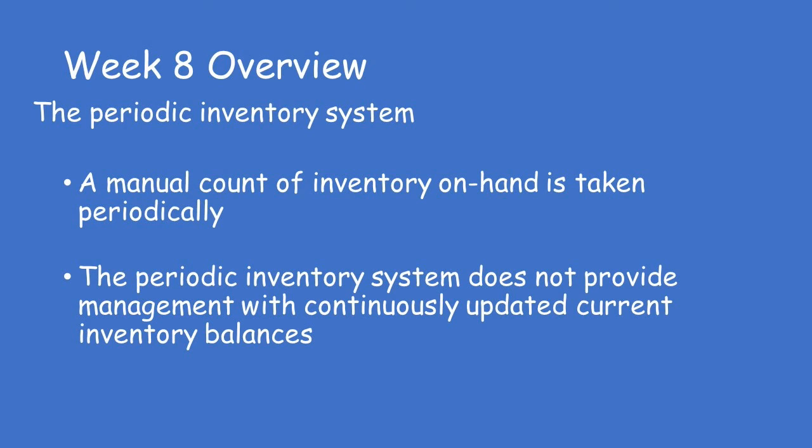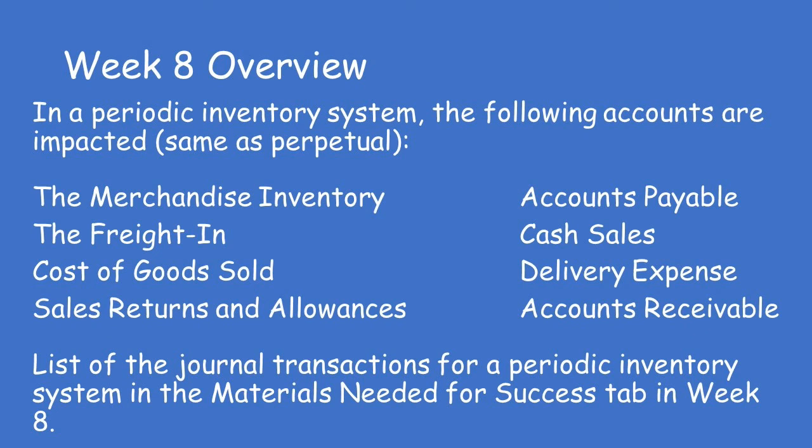Now, the periodic inventory system, or that manual count system, though simpler and there are no detailed records that are kept, does not provide management with continuously updated current inventory balances. We learned that last week. Again, just like the perpetual model, in this periodic inventory system model, you can see the same accounts are impacted, but the transactions are different.